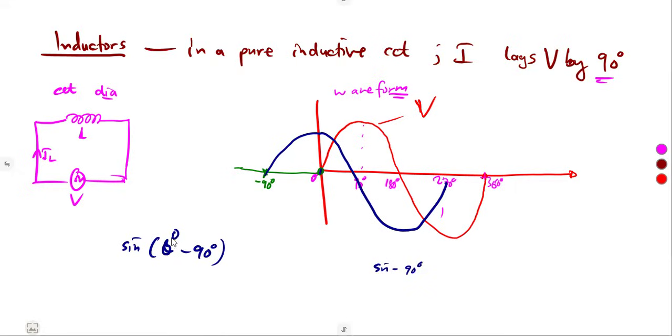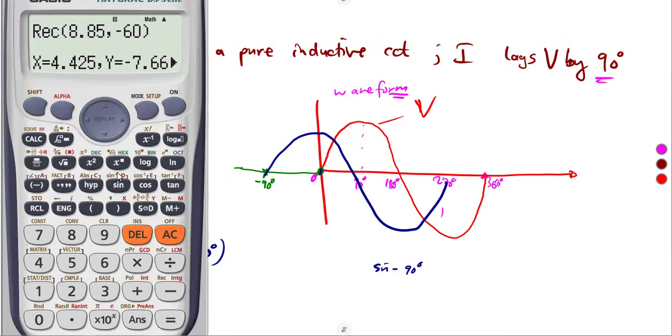We are going to maintain starting at 0 degrees. So if we are going to simplify this, it was going to be sine of 0 minus 90 degrees like this, which is going to give you a -1. So that is why I was saying this -90 that we see, when we push it back to be forced to start at 0, it means it is going to go back to the -1.